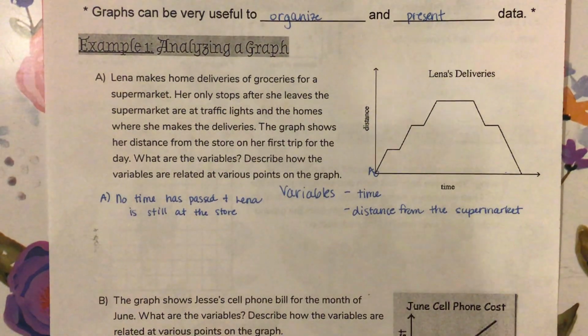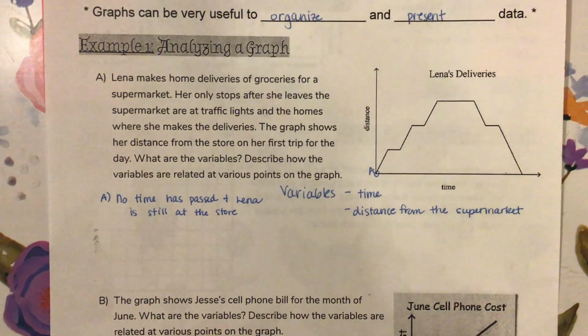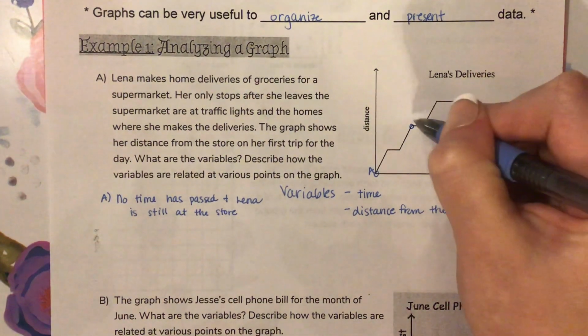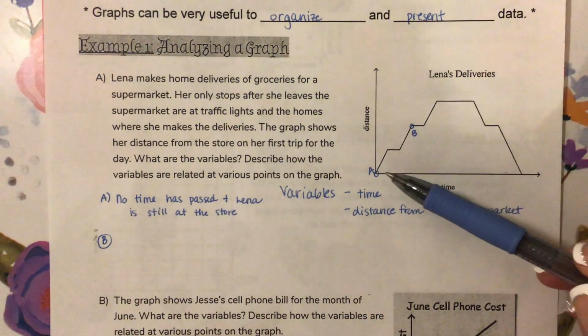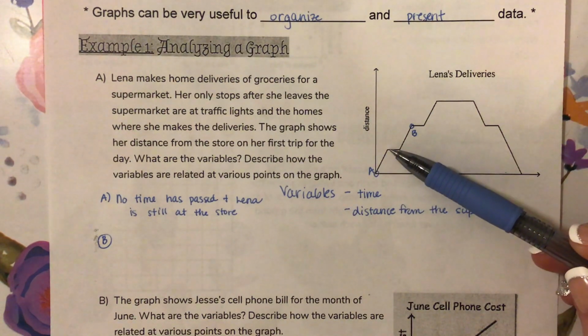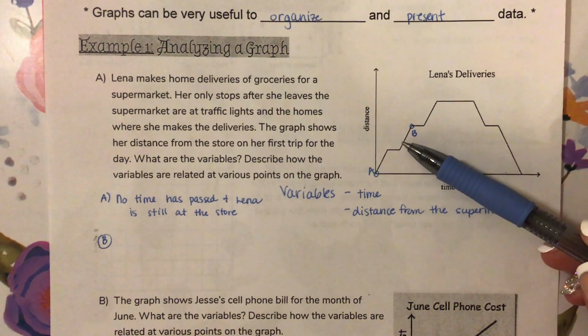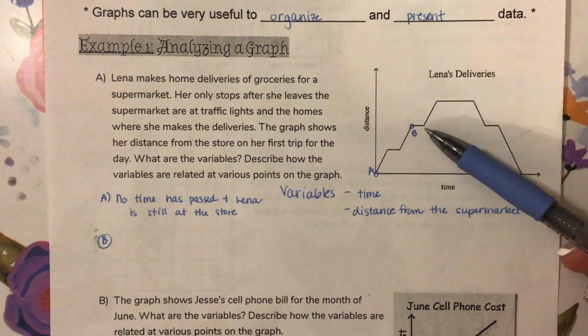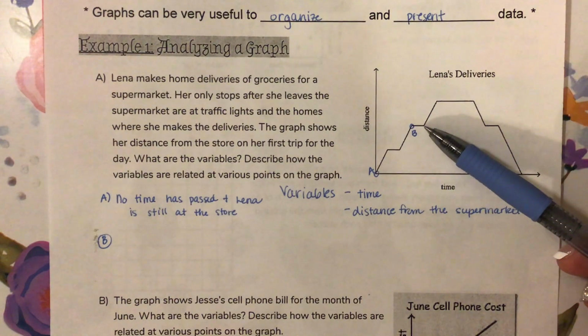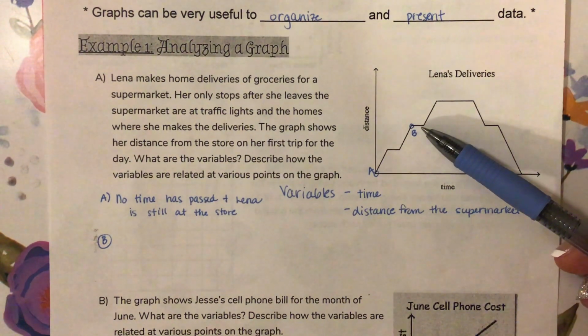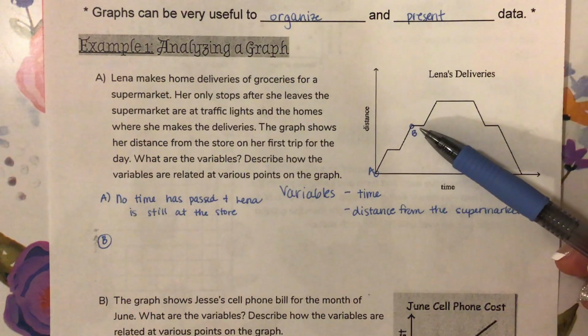All right, let's just pick another random spot, and let's say that is right here, B. So notice time has progressed. Time keeps progressing, and she's getting further away. Time keeps progressing, and then she's not getting further away anymore. So it looks like at point B, one of two things has happened. Either she has stopped at a house to deliver groceries, so she's not really getting any further away from work because she's remaining there, or she's at a stoplight.